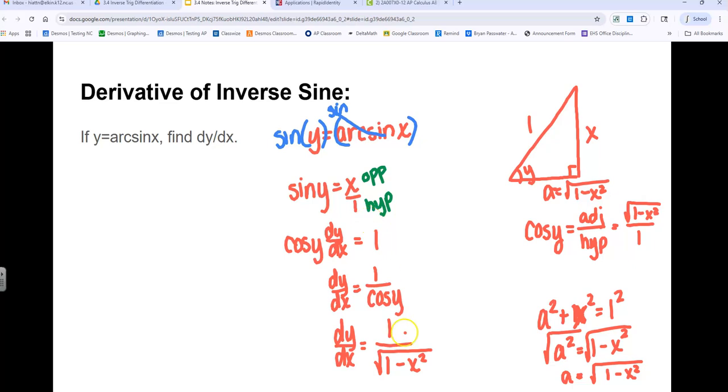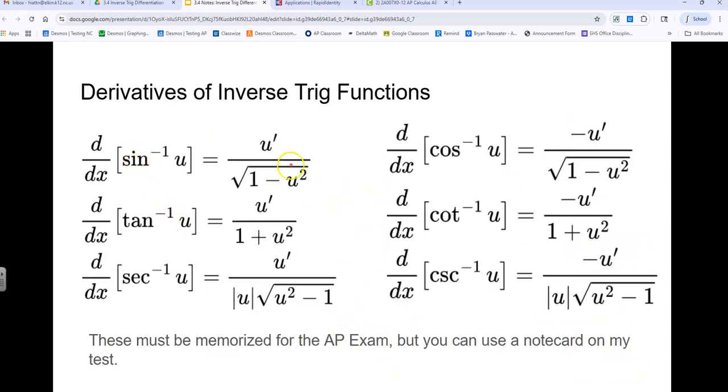So if you'll look at this, 1 over the square root of 1 minus x squared, it's very similar to what you see. You've got the 1 minus u squared, and instead of a 1 in the top, you've got a u prime. The reason that I've done this on all of these is because whatever you're taking the inverse trig of is not always just x.